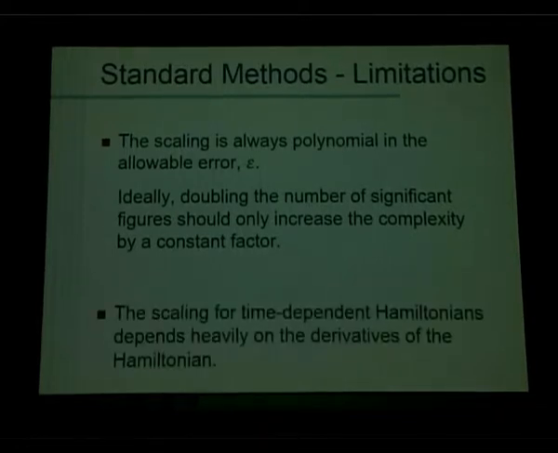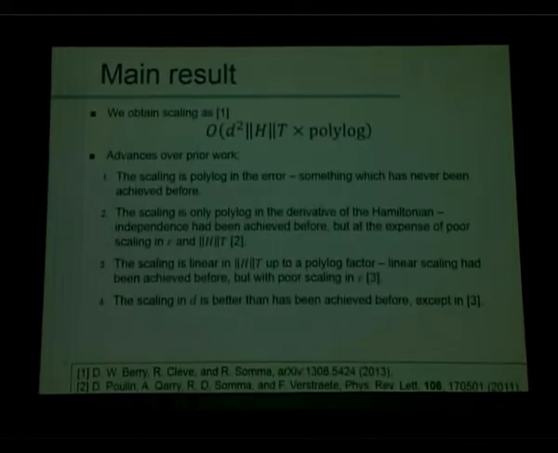And the limitation of the standard methods is that when you're looking at time-dependent Hamiltonians, the scaling is quite dependent on the derivatives of the Hamiltonian, and some methods are actually depending on a whole lot of higher order derivatives as well. So what our result is, we're essentially getting scaling which is linear in the norm of h and t, and we also get some dependence on the sparseness, which is the d here, and then it's polylogarithmic in everything else.